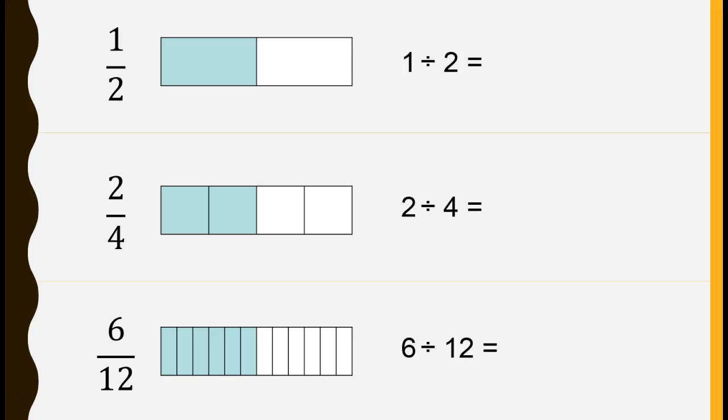If you do that division and change it into a decimal, then you know for sure if a fraction is larger, smaller, or equivalent than another fraction. Let's take a look at these three.